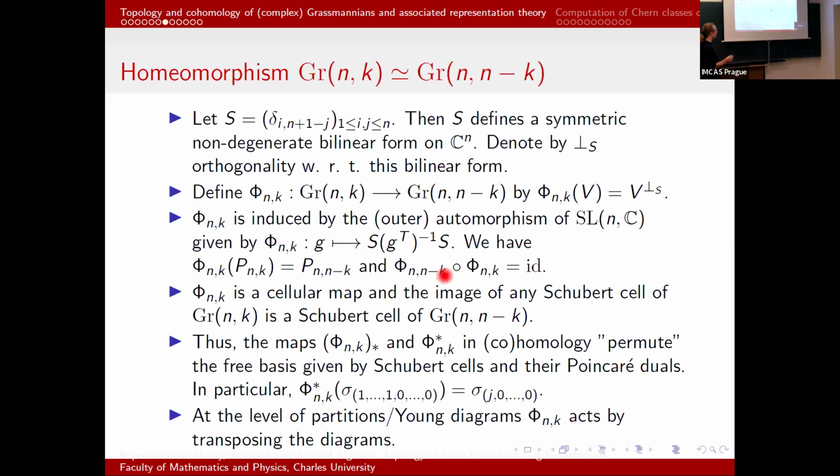If we compose these two homeomorphisms, we get an identity. So the map phi nk is almost an involution. It's an involution on the Grassmannian where the k-planes have half the dimension of the total ambient space. In that case, it's an involution.